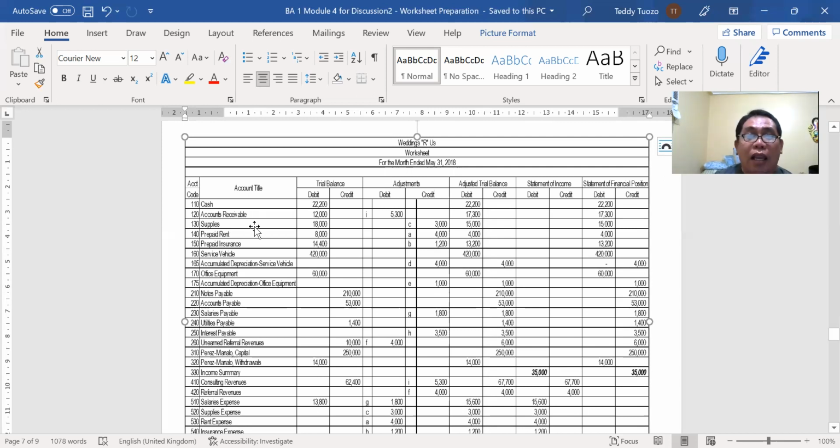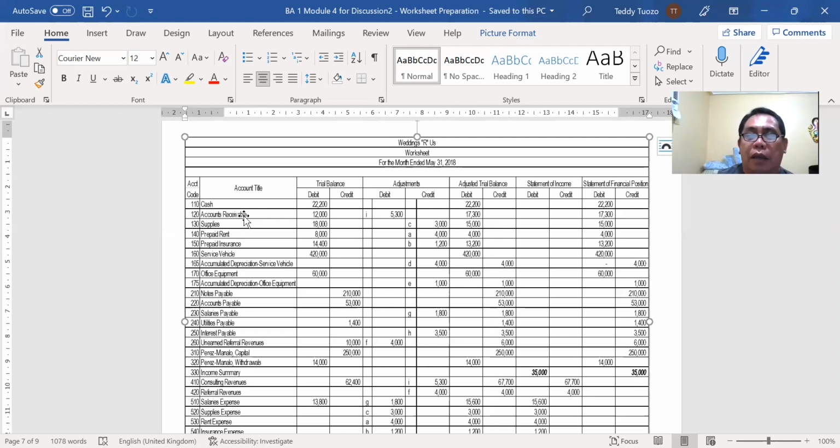Remember, the arrangement in the trial balance is assets first, followed by liabilities, then capital and withdrawal.